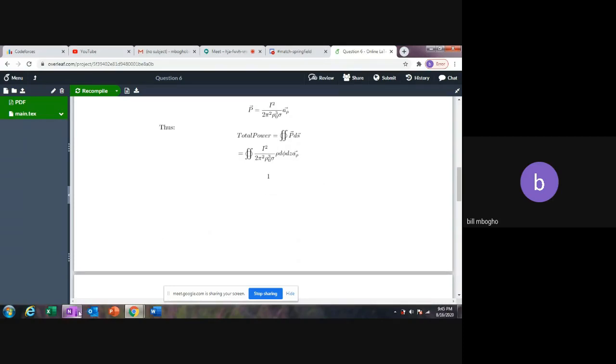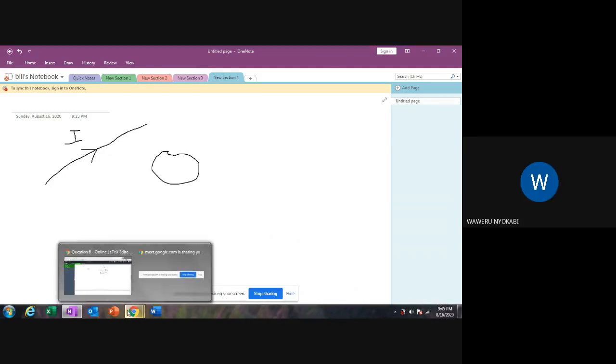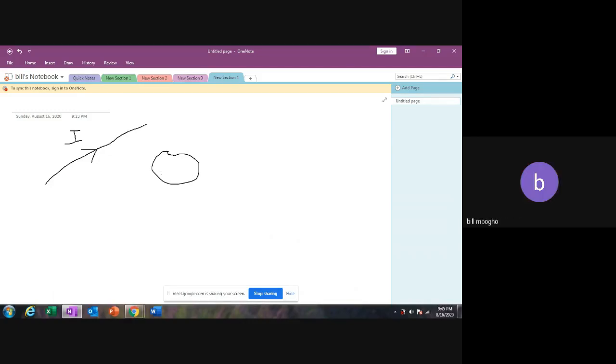Basically, if this is your thing where there's energy inside, and you have some current coming like this, to get the total energy you integrate Poynting's vector over the surface where energy is leaving.